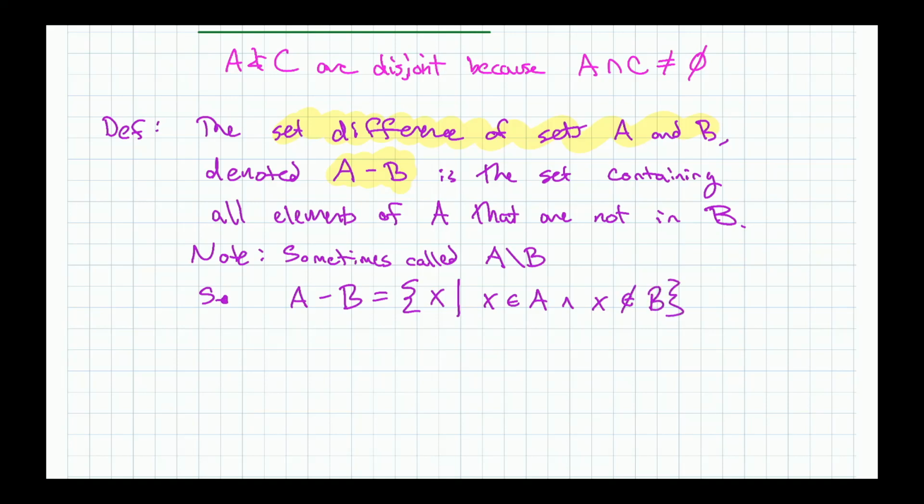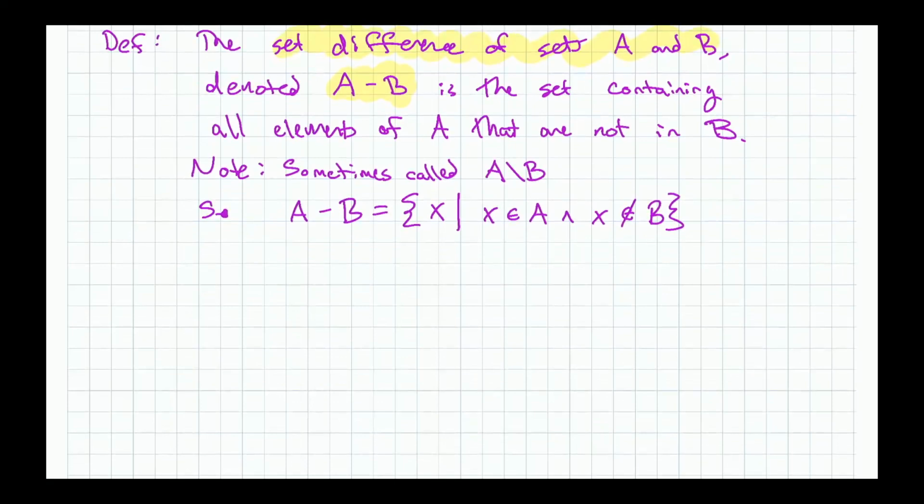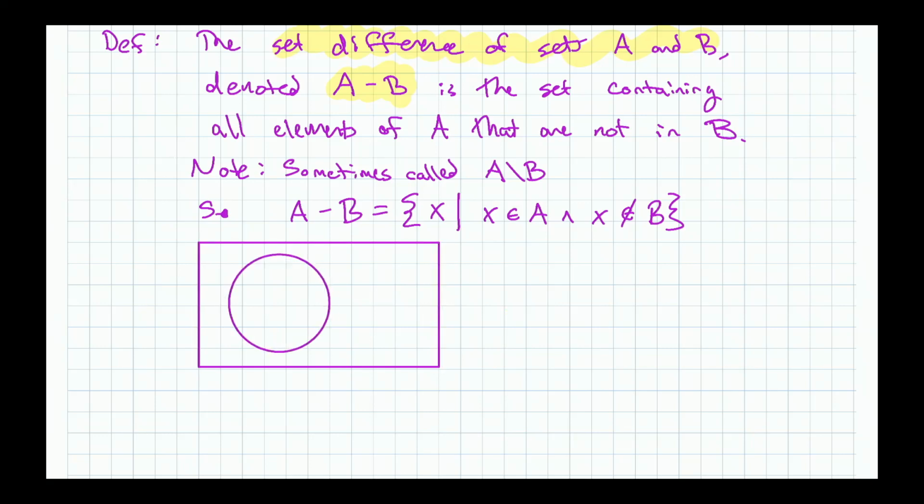All right, so what does the set difference look like? Well, we can look at the Venn diagram, right? So we've got set A, we've got set B. Here they are. This is A, this is B. So where's A minus B?